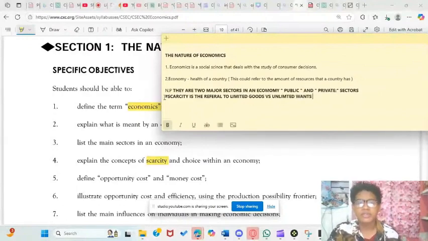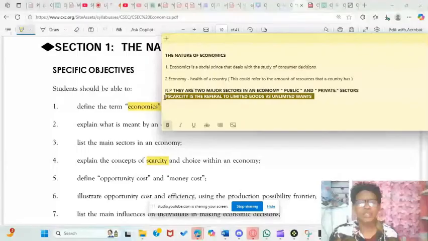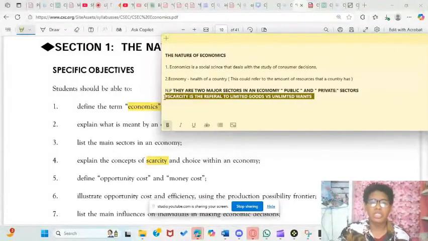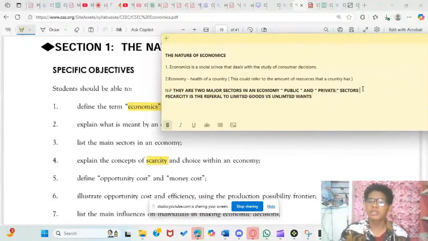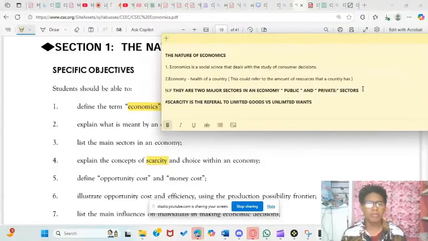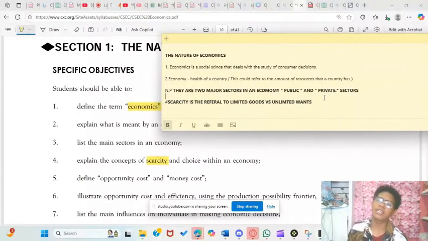So scarcity is a very important point to take into account because we don't have infinite resources. Resources are limited, and as a result, the problem of scarcity comes into mind. So scarcity affects choice in that regard because we have limited goods versus unlimited wants.